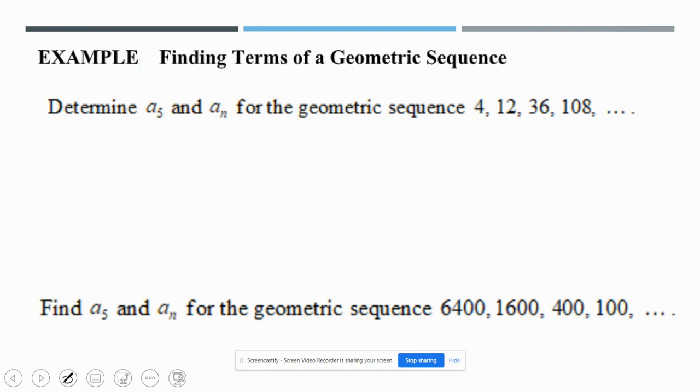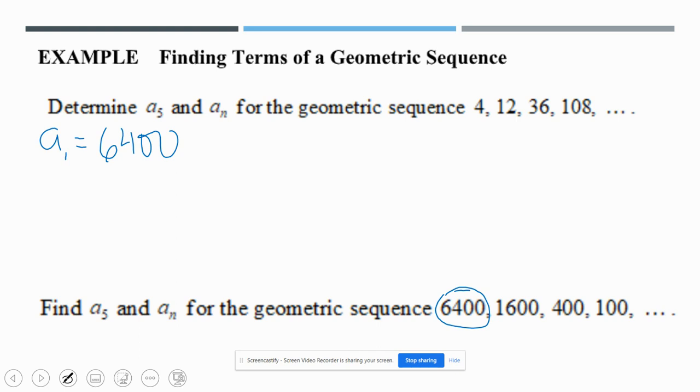All right, our second problem for example 2, we have, again, finding our rule and our fifth term. So 6,400 is the first number on our list. So our first term is 6,400.